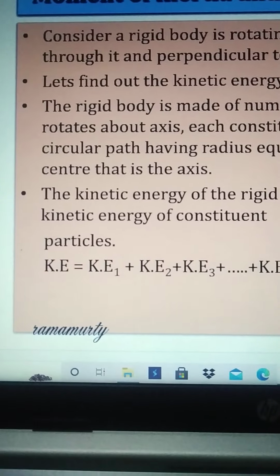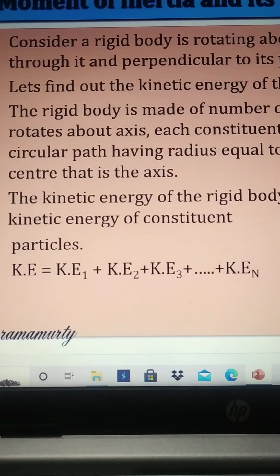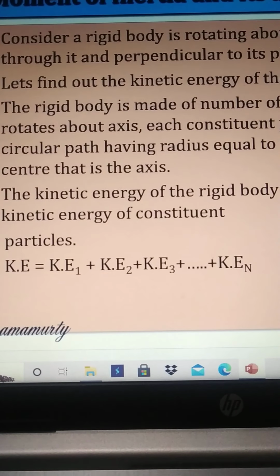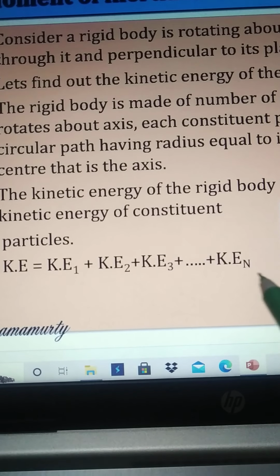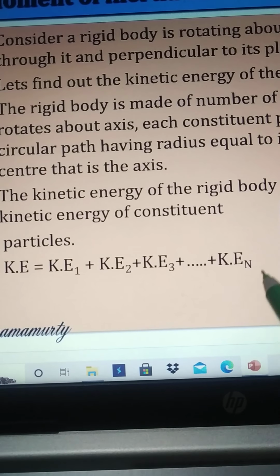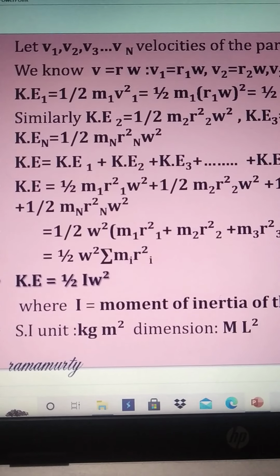So the kinetic energy is equal to the kinetic energy of the first particle plus the kinetic energy of the second particle plus the third particle up to the nth particle. That gives the total kinetic energy.